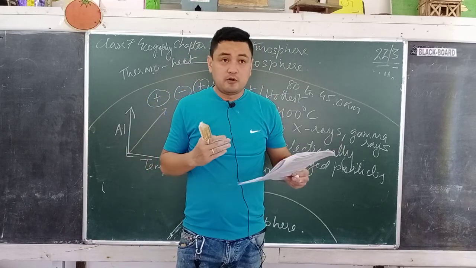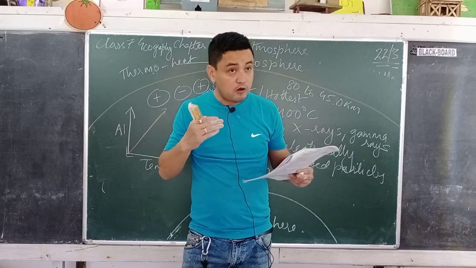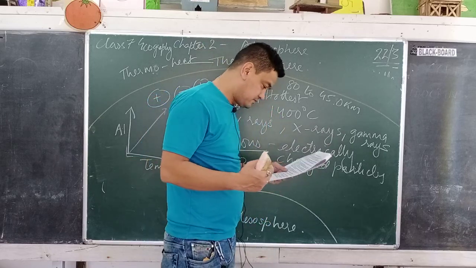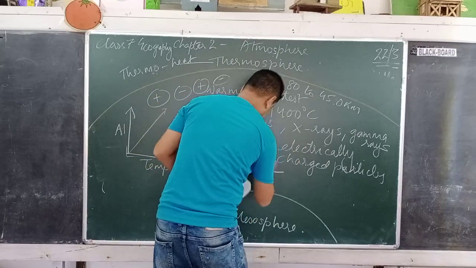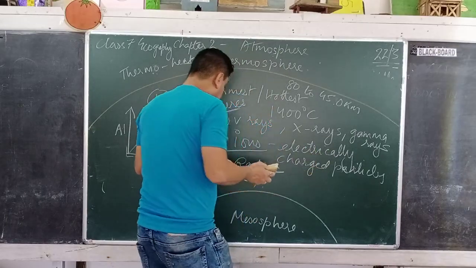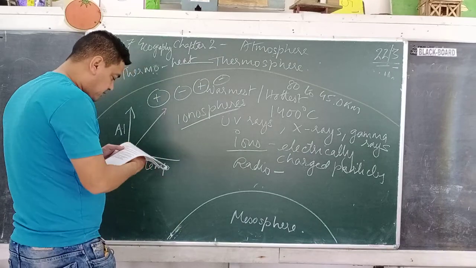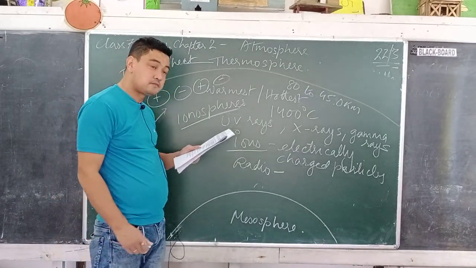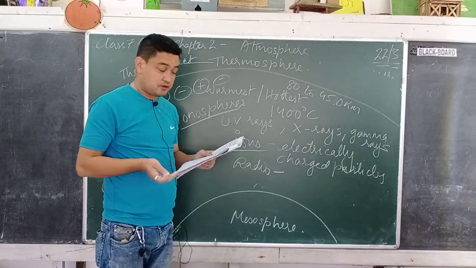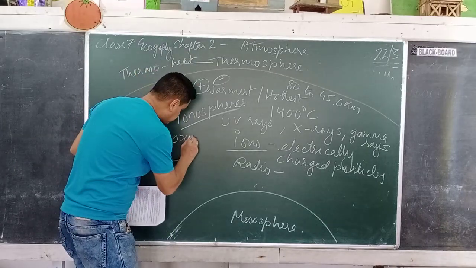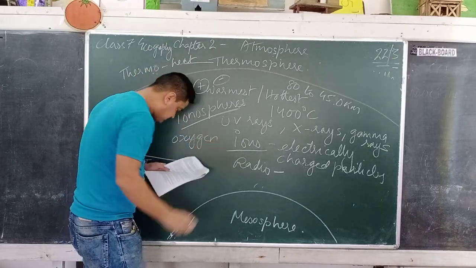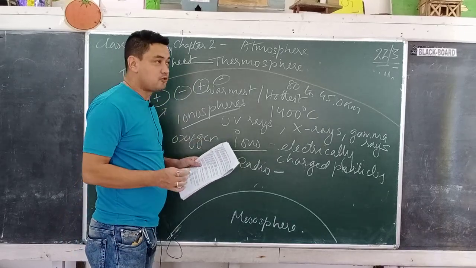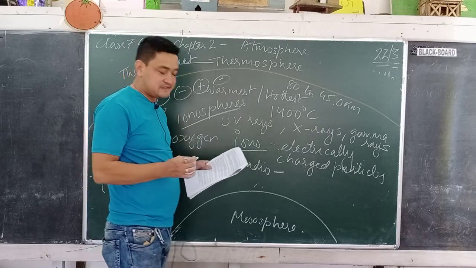This is the reason why humans feel less hot in this thermosphere. Oxygen atoms are also found in this layer, as well as nitrogen, but nitrogen is found in less quantity, or it's a rarefied gas.